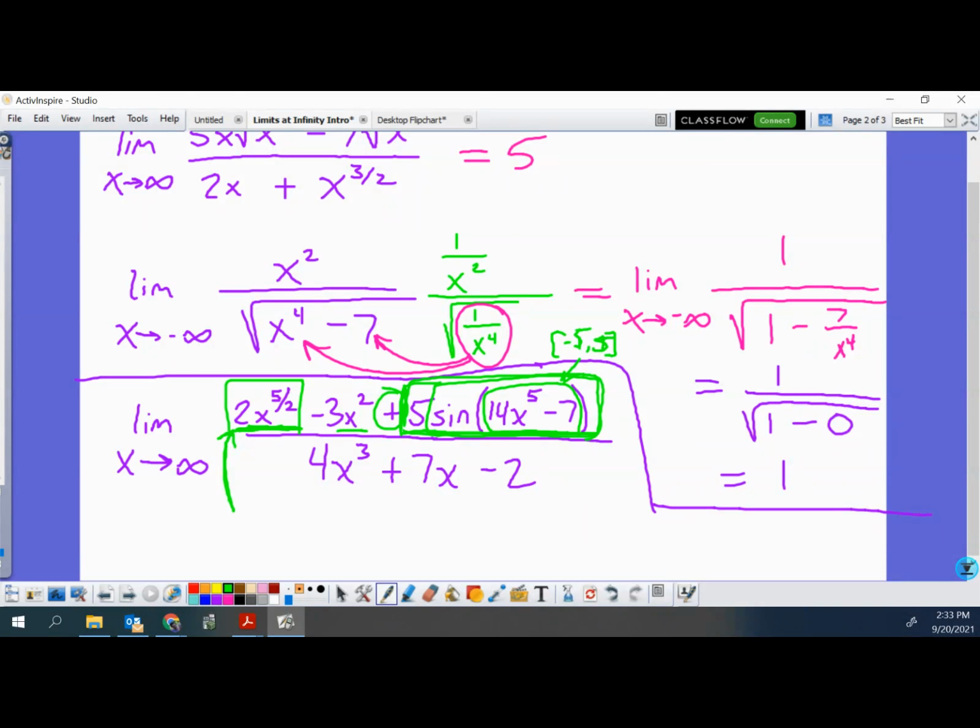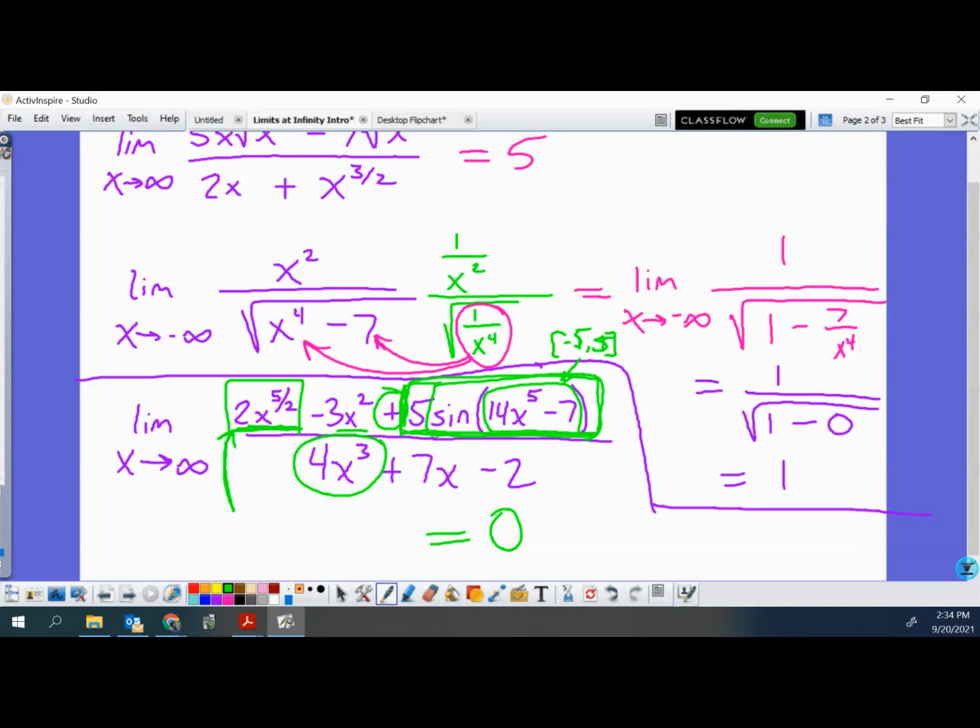And so on top, the only thing that's really going to matter for the limit is the 2x to the 5/2 power. On the bottom, it's going to be the 4x to the 3rd power. 3 is greater than 5/2, so this entire thing approaches 0. You can just do it like that.